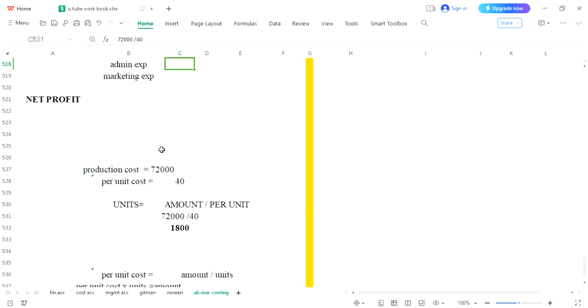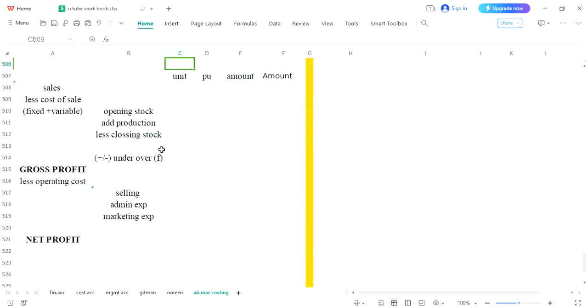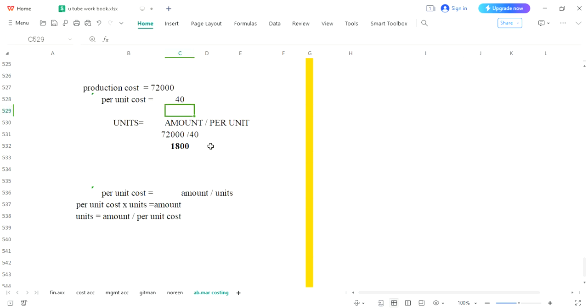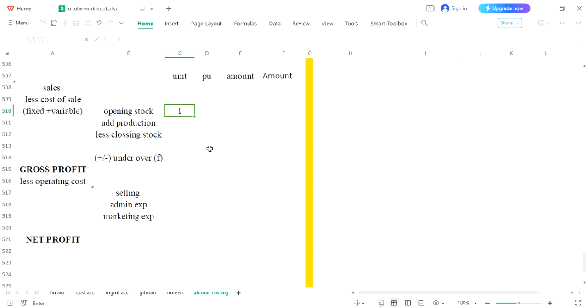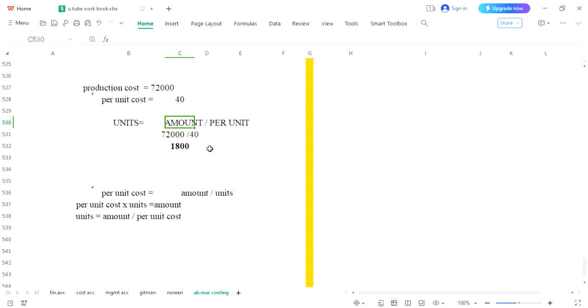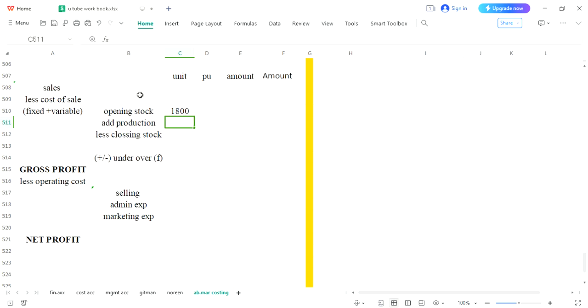But now for our statement we are going to change it. 1800 were the units which were produced, so we can write 1800 over here. Per unit cost previously was 40 and this was not including any fixed cost. Please try to understand that the difference between absorption and marginal costing is fixed cost.